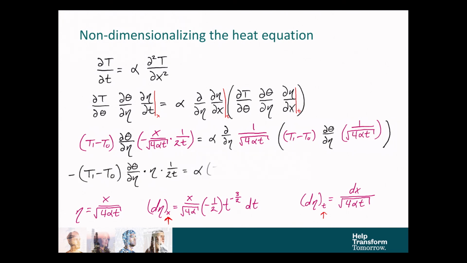And the algebra does start to simplify pretty well. The alpha here crosses with the alpha here. The inverse time on this side cancels with the inverse time on this side. T1 minus T0 cancels on both sides. And actually, the only thing we're really left with is a negative sign and a factor of 2.